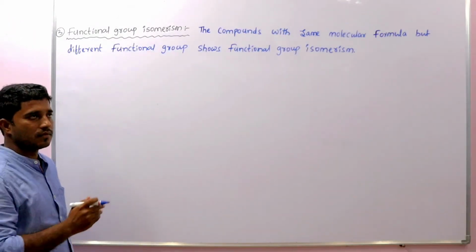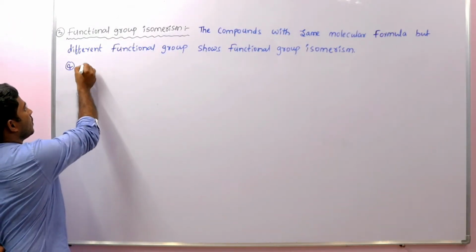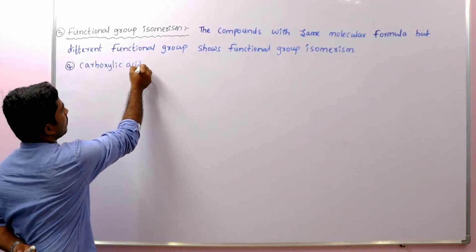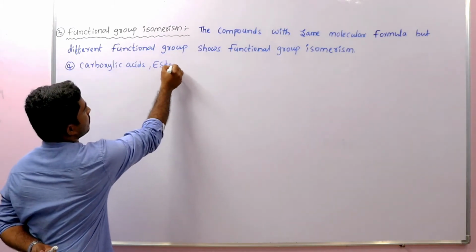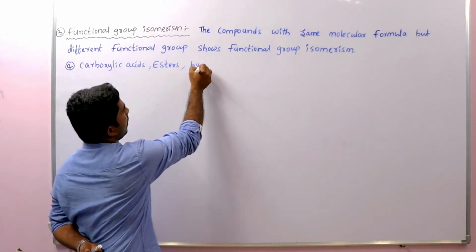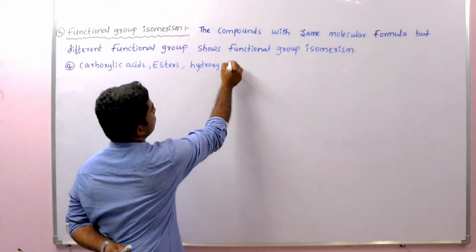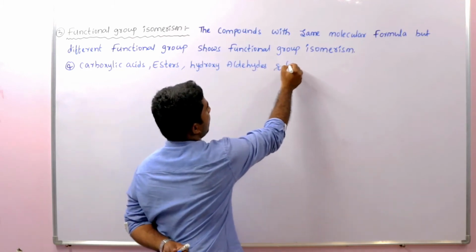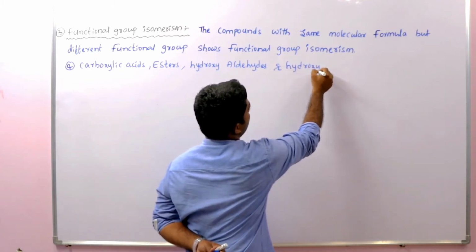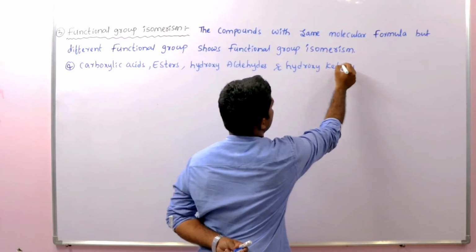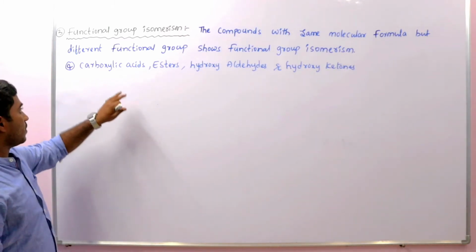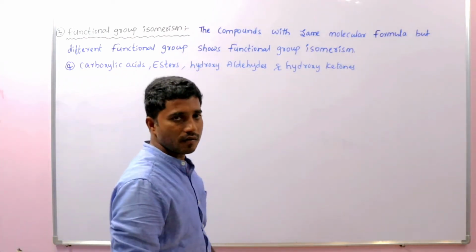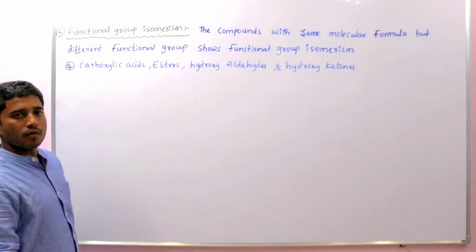Let us see the next example. Carboxylic acids, esters, hydroxy aldehydes and hydroxy ketones. Okay, these 4 types of compounds, carboxylic acids, esters, hydroxy aldehydes and hydroxy ketones show functional group isomerism.